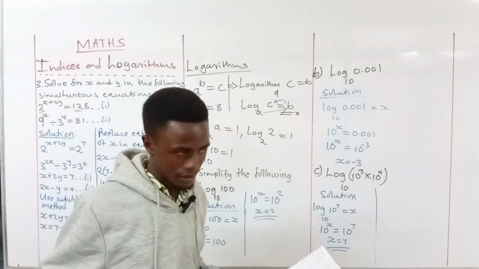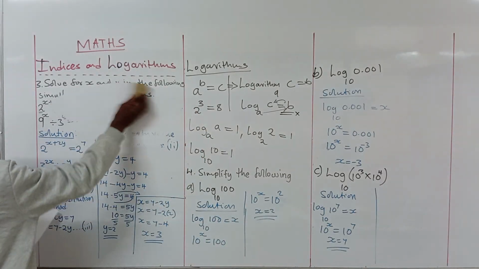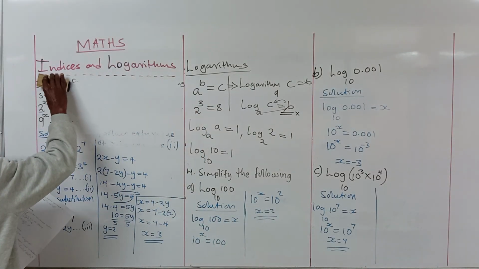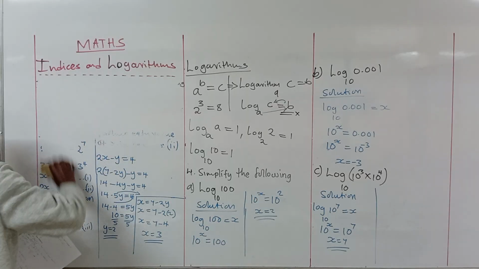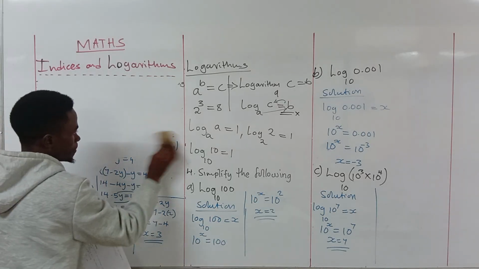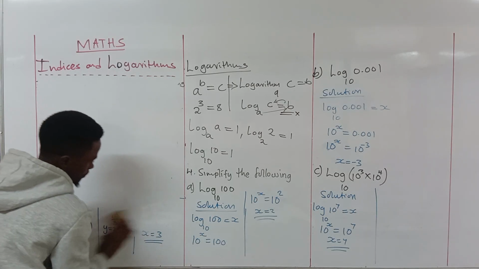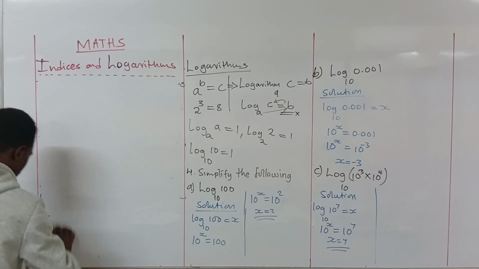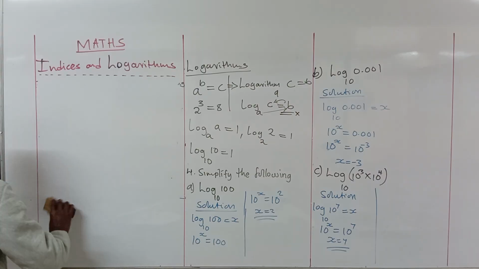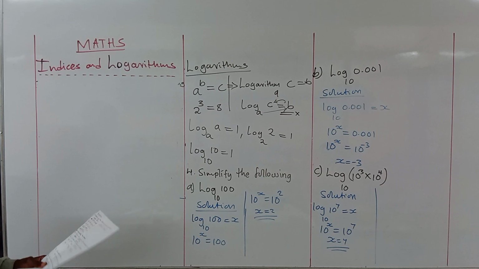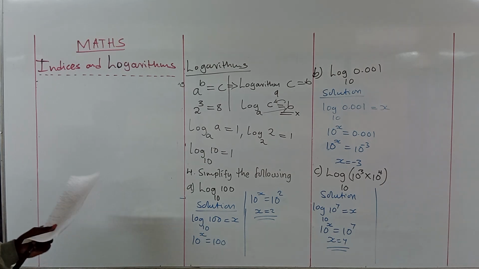So we have the last part of our lesson today. Now, find the value of the unknown in each of the following.